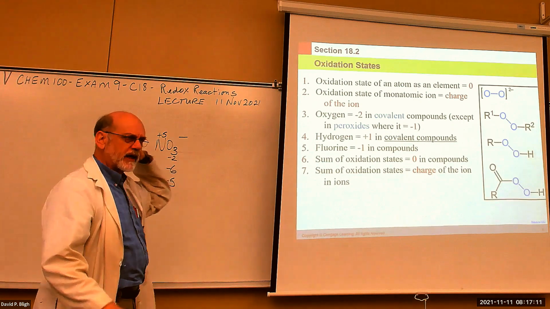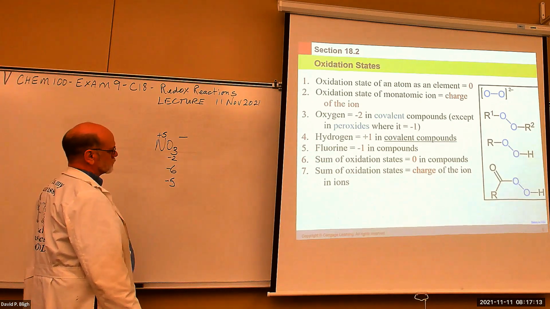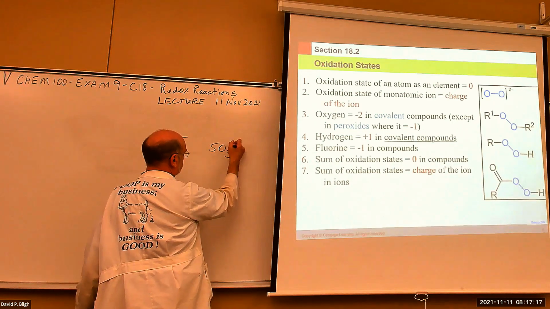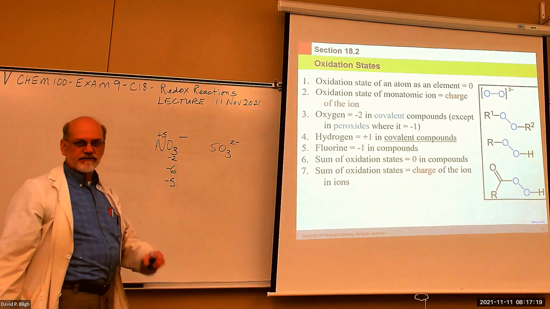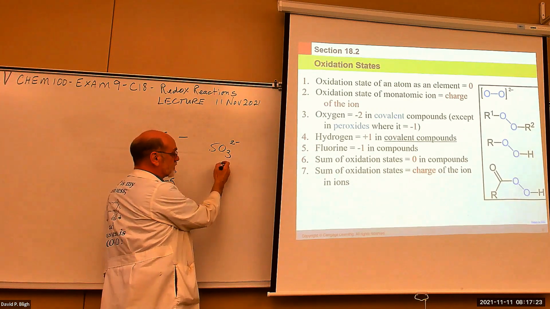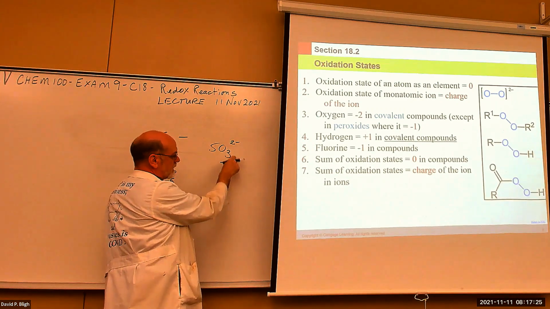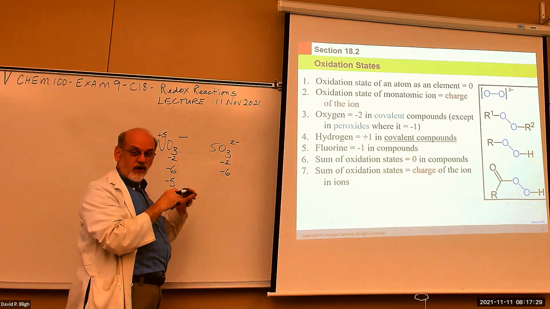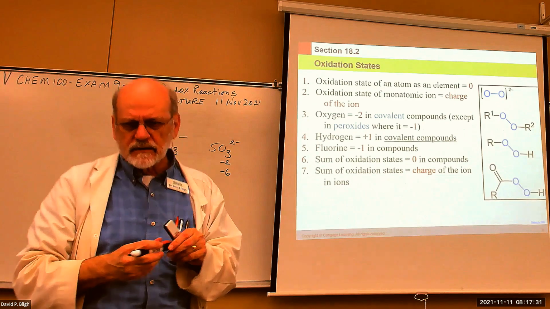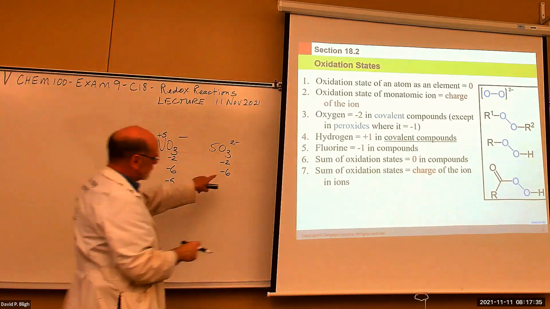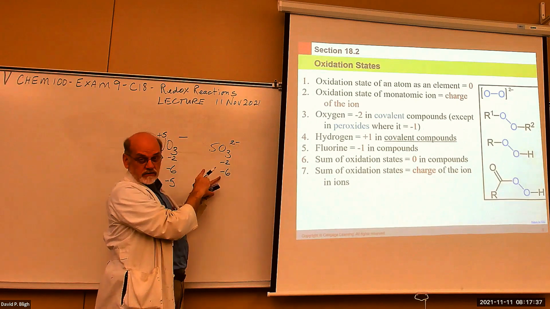Let's try a different one. How about this one? The sulfite polyatomic ion. Oxygen is still -2, so 3 times -2 is -6 total. But we have to hold out, okay, we have to hold out 2 minuses for that charge.